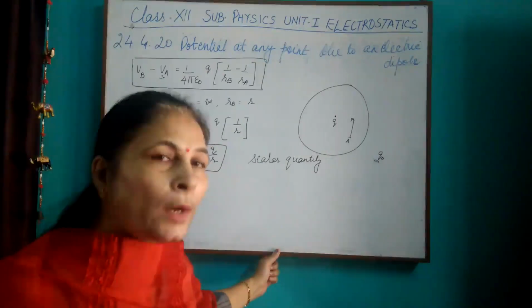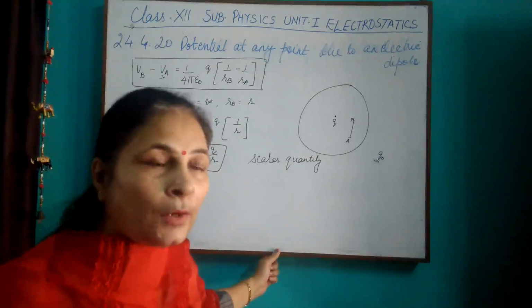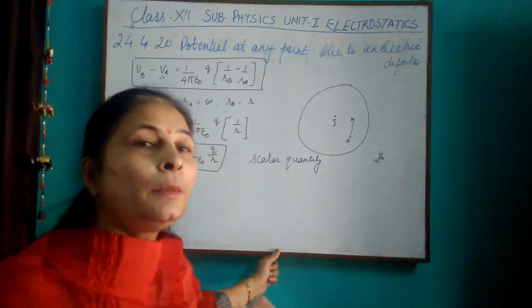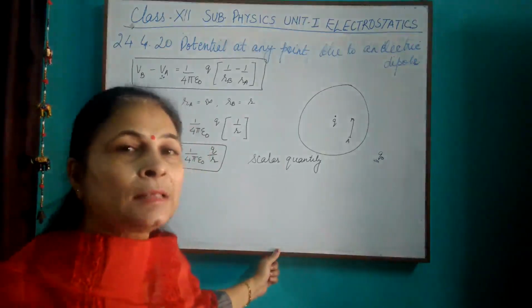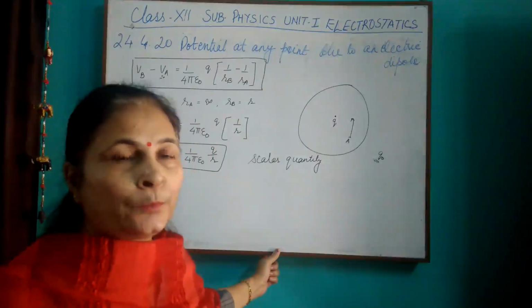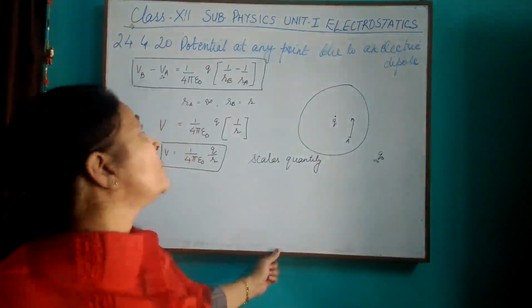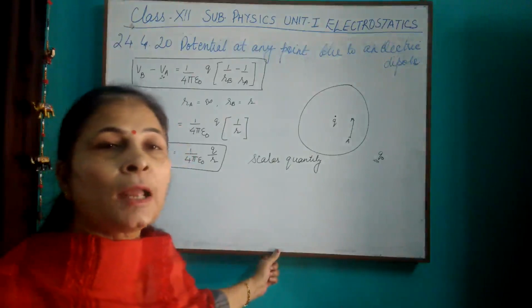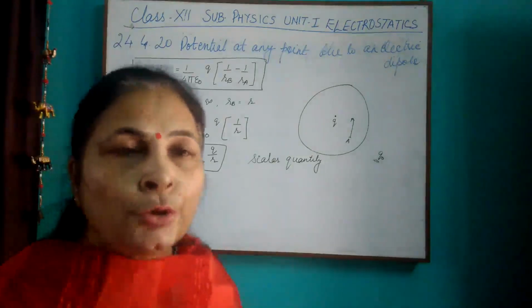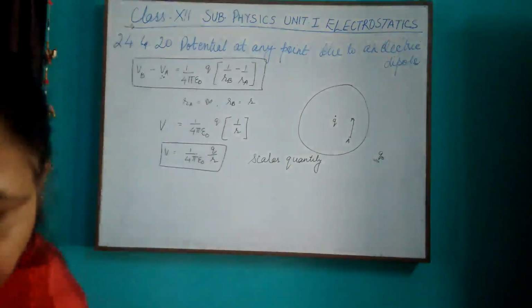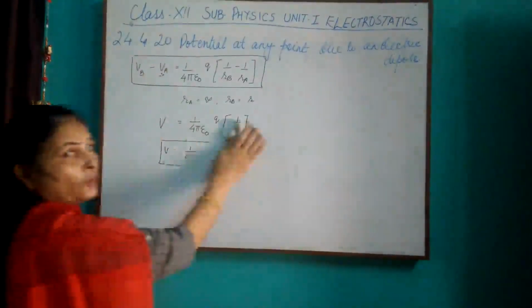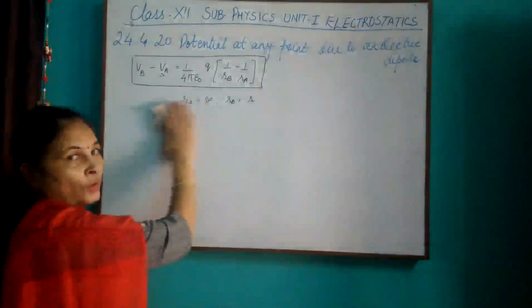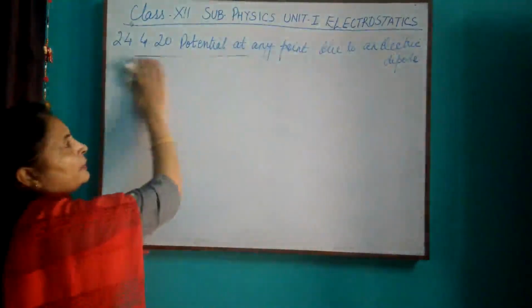We'll do only one derivation, at any point, and then it can be limited to an equatorial point or an axial point or any value. The unit of potential is volt. You know it beforehand only.